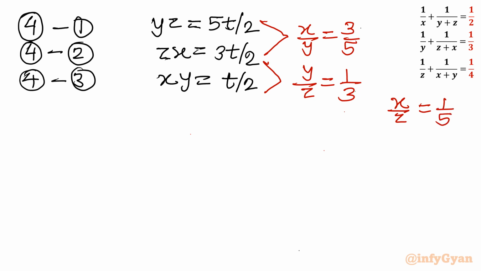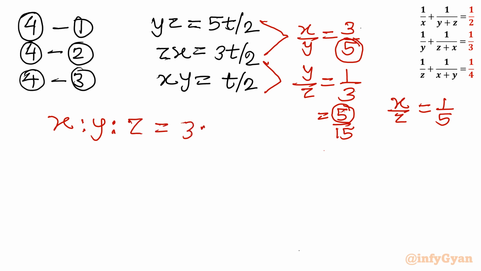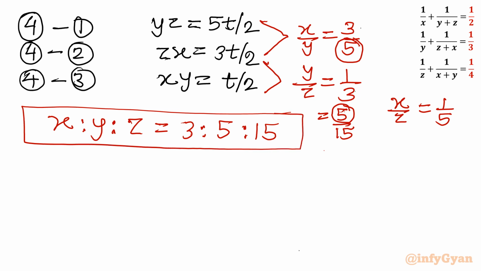So if I write this y over z as 5 over 15 also, I am keeping y as 5, the same. So now I can write directly x is to y is to z, ratios concept, as 3 is to 5 is to 15. The ratio among all three, x is to y is to z, is 3 is to 5 is to 15.